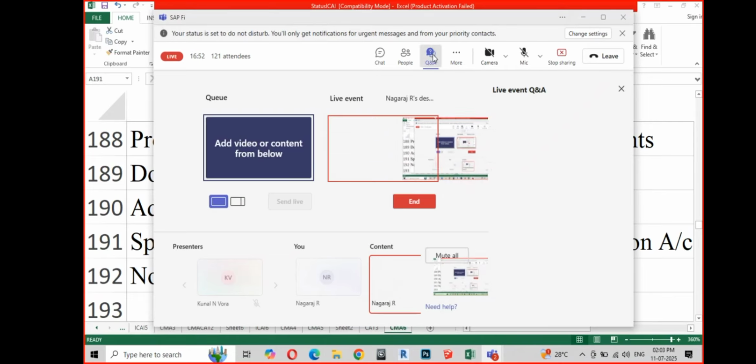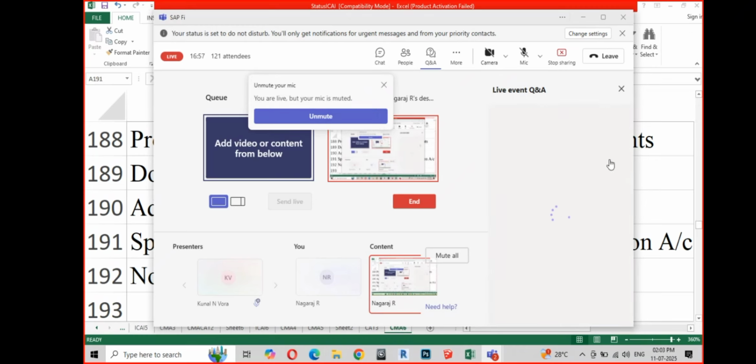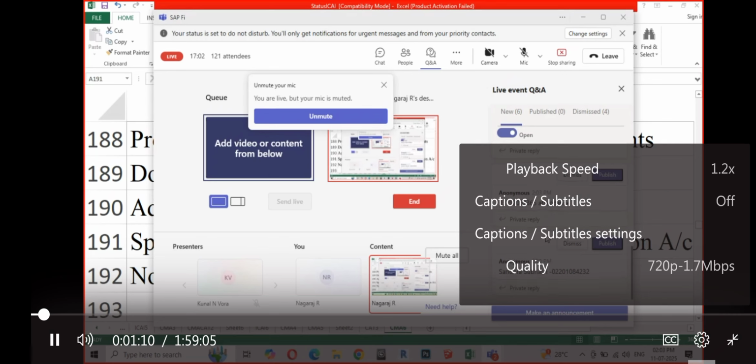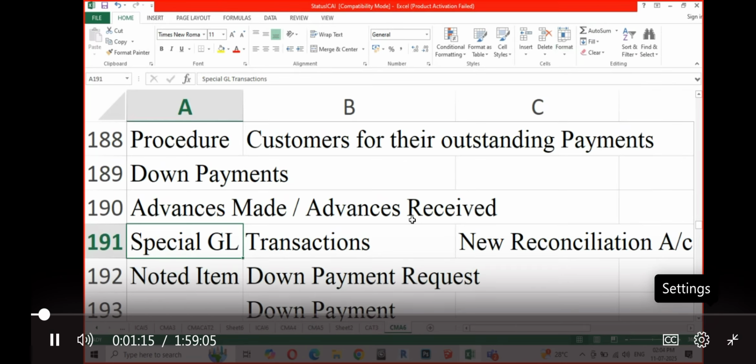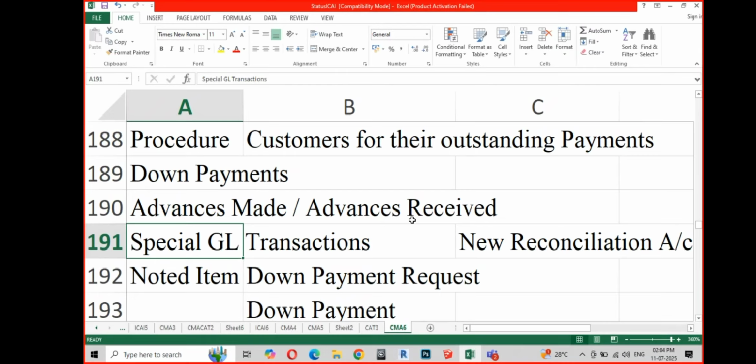Students, just check whether the screen is visible, and 2 or 3 students just post yes or no. Sir, students have confirmed it is clear and visible.